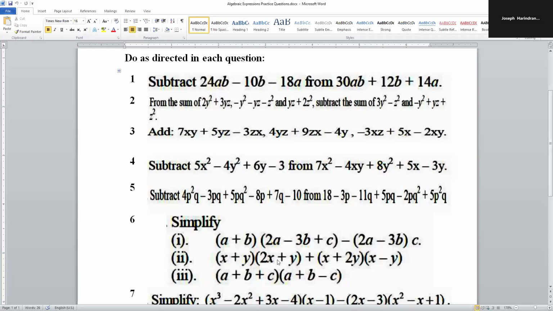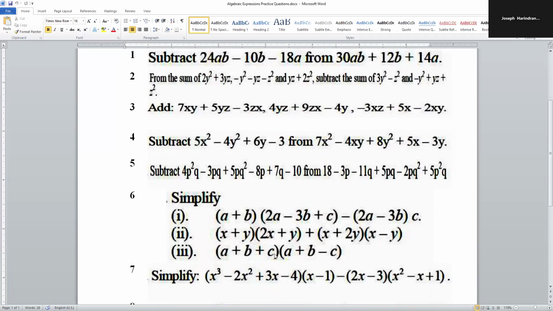Just go through this. The second question: we have to find the sum of the first expressions, that is, add 2y squared plus 3yz, then minus y squared minus yz, and minus x squared plus yz plus 2z squared. These three you have to add.